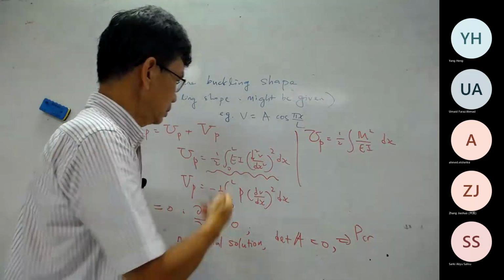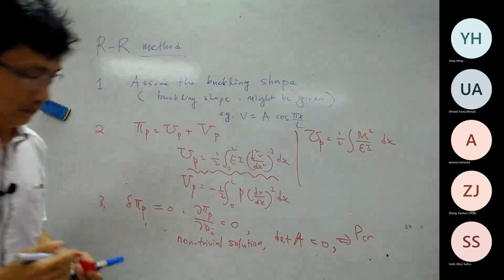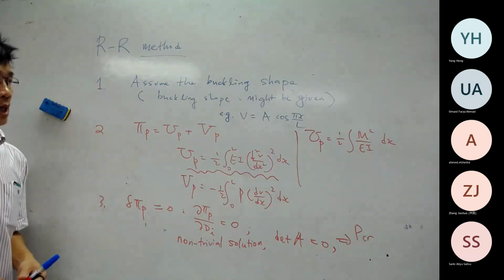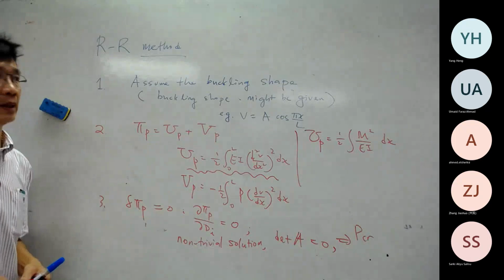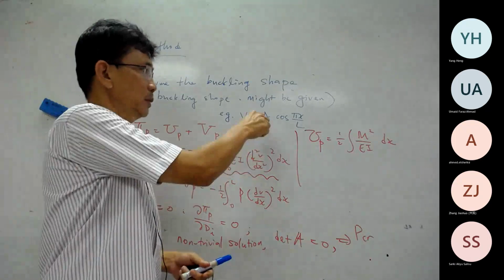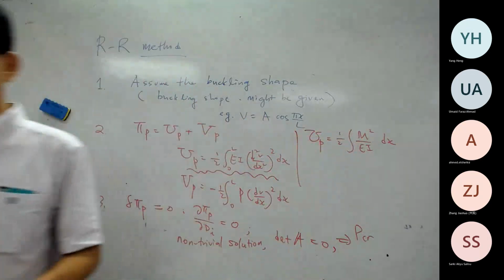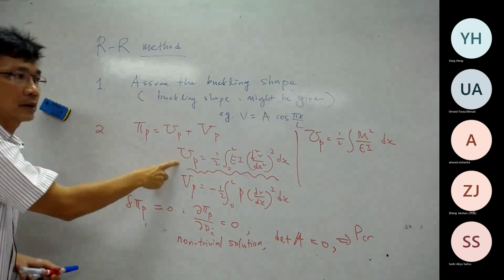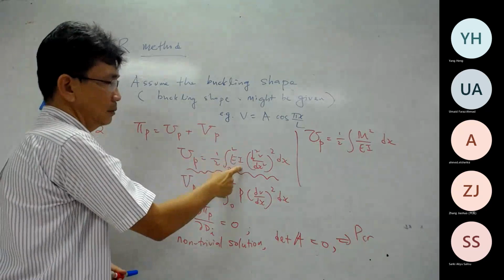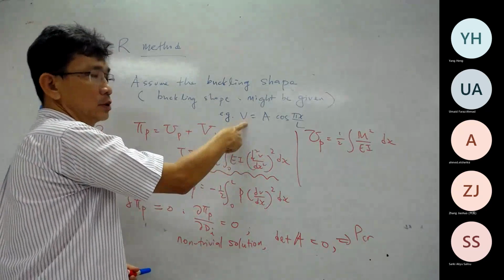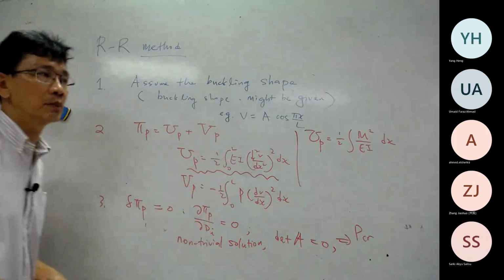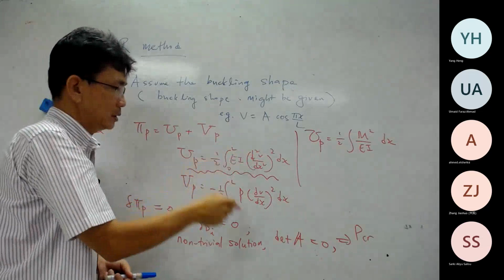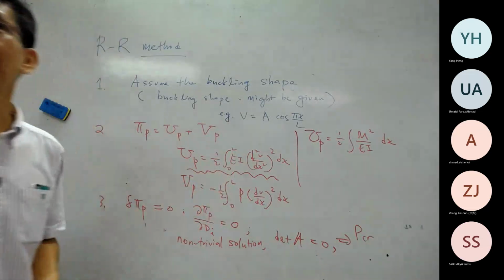But there are two ways of writing the strain energy for bending. One is using the displacement, the other one directly using the bending moment. But in the class, I cover this because this is based on the assumed shape. Directly, we make use of the assumed shape. Differentiate twice, square it for this. Differentiate once, square it for this.